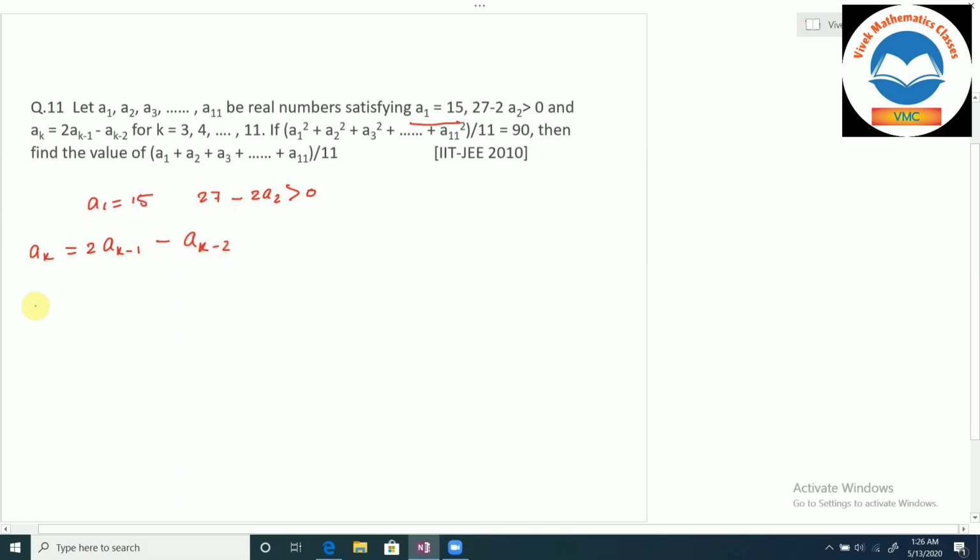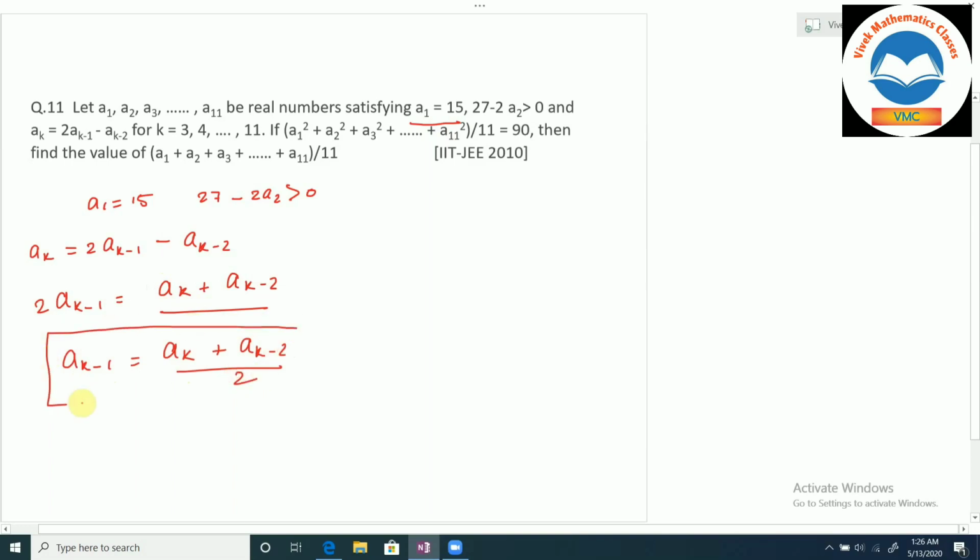So from here, if you write 2AK minus 1, this will be AK plus AK minus 2. So AK minus 1 will be AK plus AK minus 2 divided by 2. This we are getting.